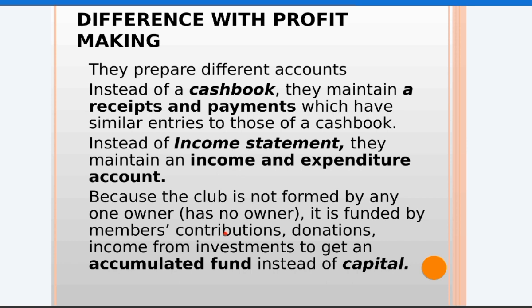Sometimes they receive what we call donations. Sometimes they generate income from an investment that they have made. So, in essence, when you combine the members' contributions, the donations they receive, whether they are specific or general, or income from their investments, they'll have what we call an accumulated fund. So they'll have an accumulated fund instead of capital.